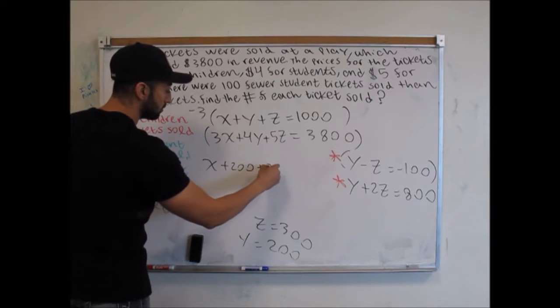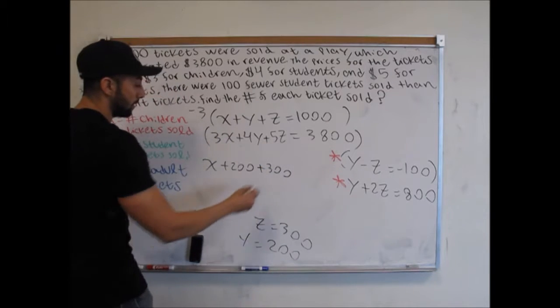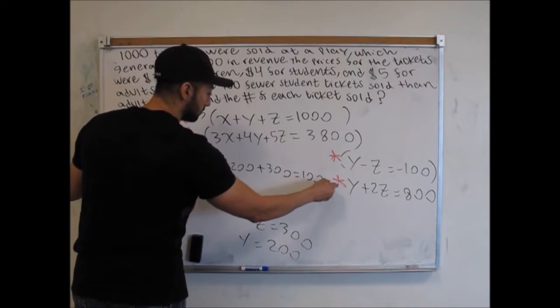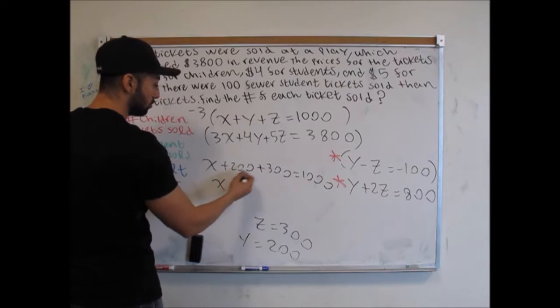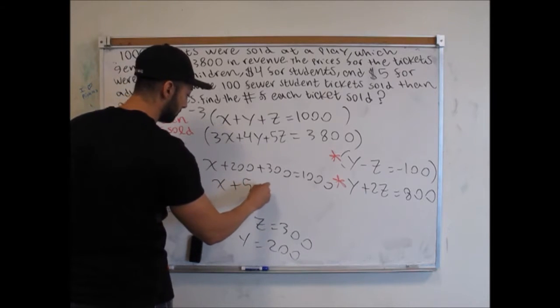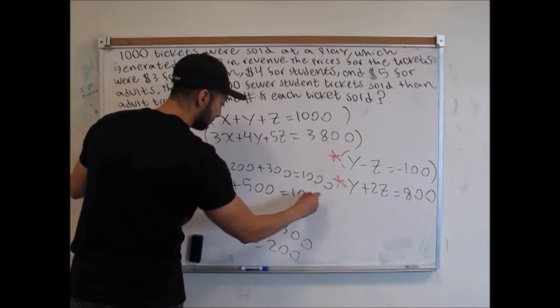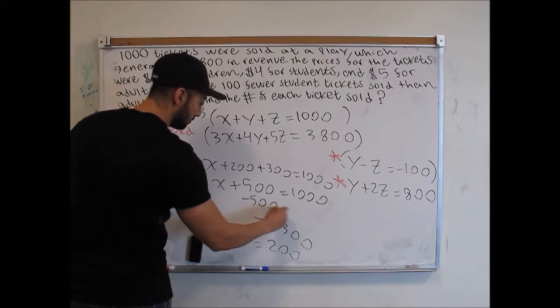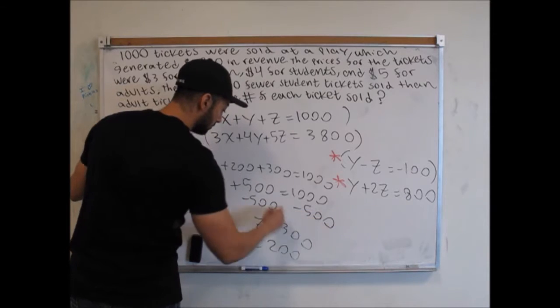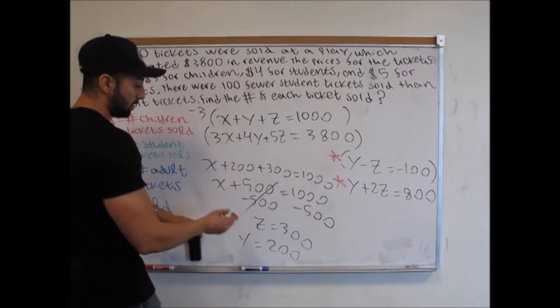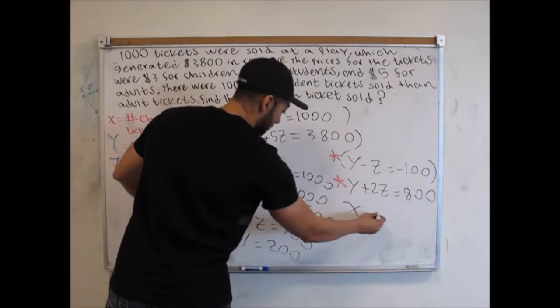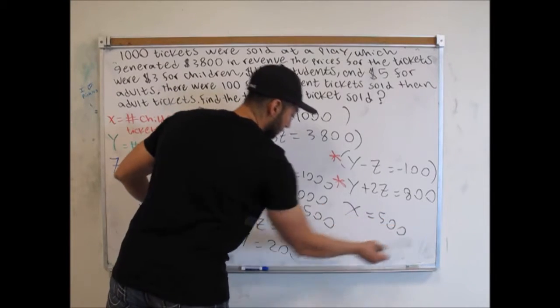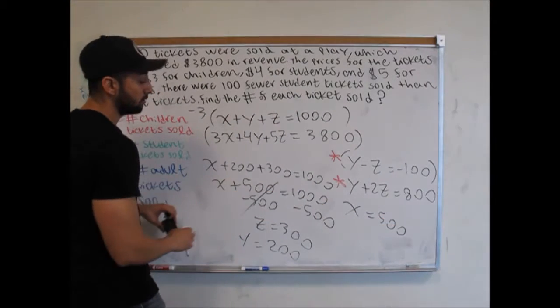Z is 300. And that equals 1,000. So x plus 200 plus 300, that's 500. Subtract the 500 to get that x equals 500, because 1,000 minus 500 is 500.